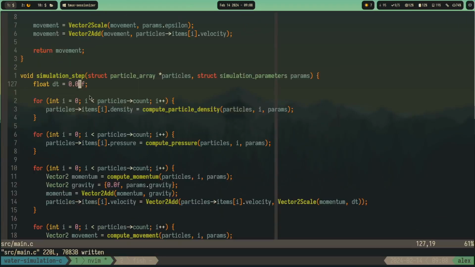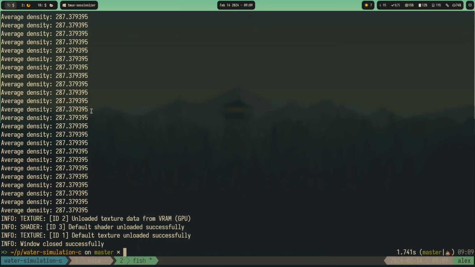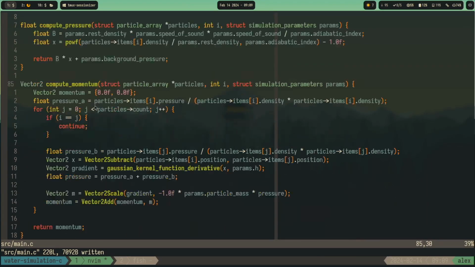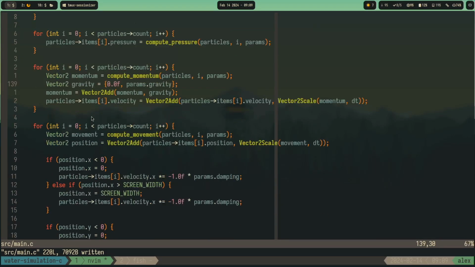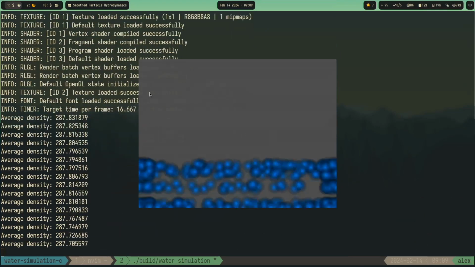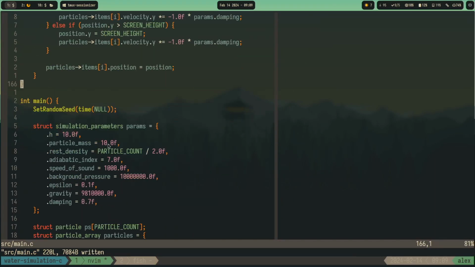No. Let's try to use get frame time. Oh no, it was too fast. Yeah, then let's manually set it so we can actually see something, right?